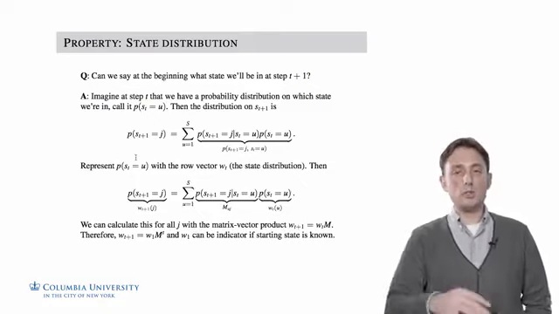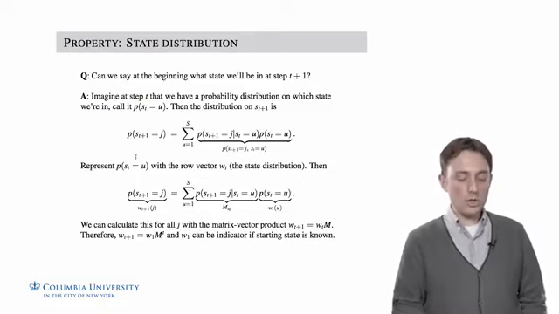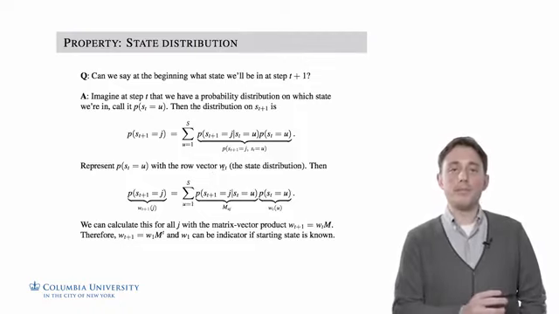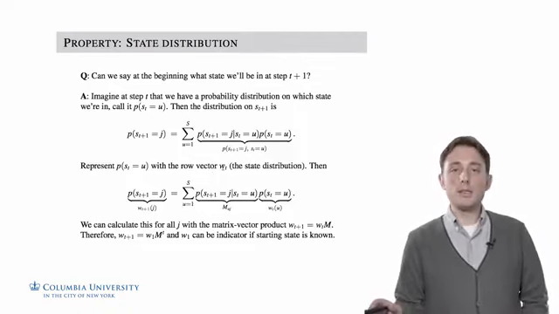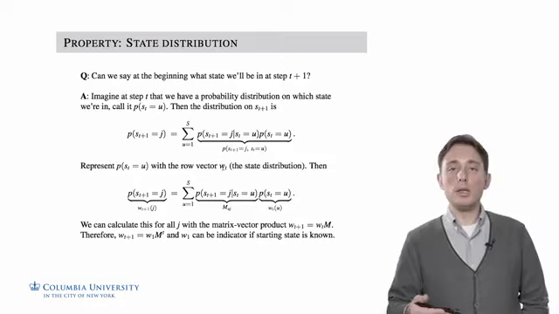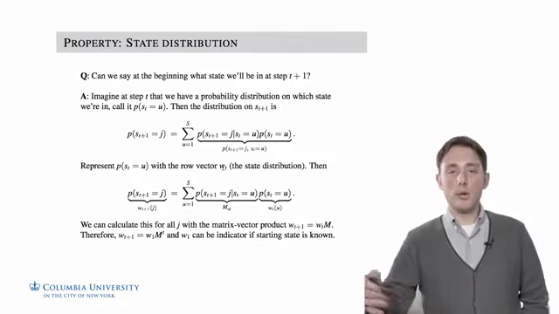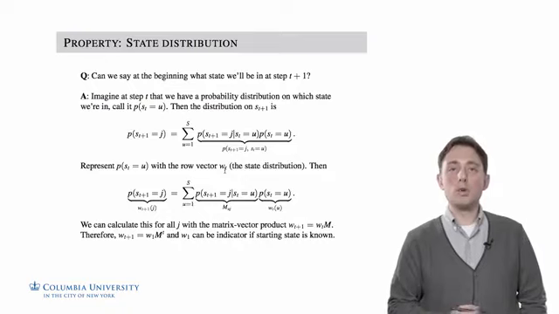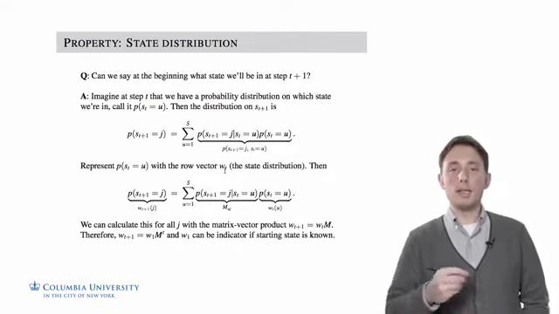So let's now change notation. Let w_t be a row vector of length S that gives me a probability distribution on the capital S different states at time t. So w_t is my marginal probability of which of the capital S states I'm in at time t.